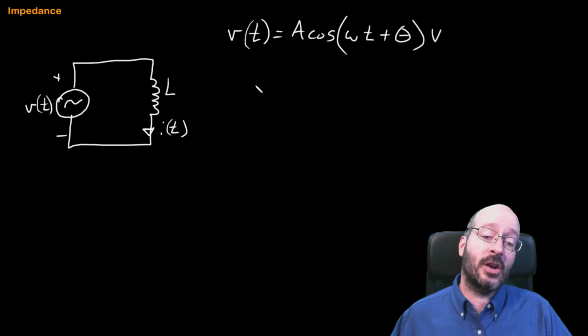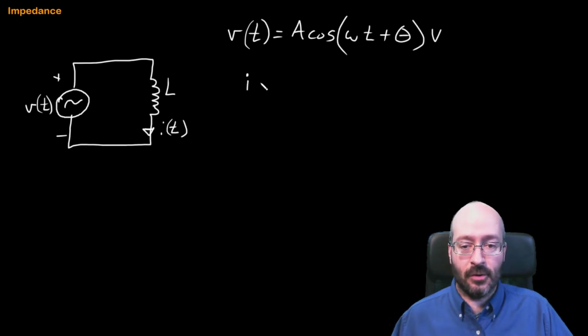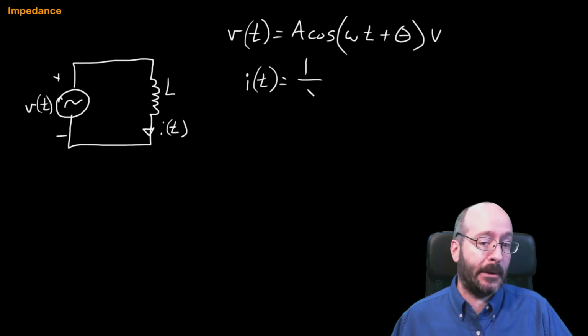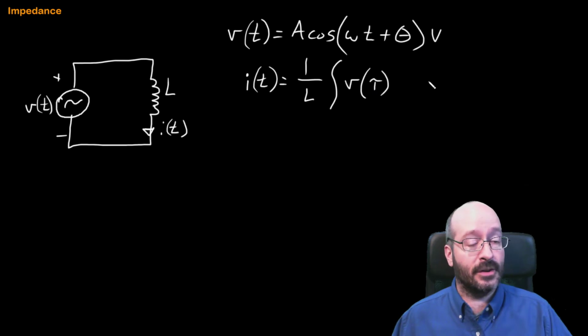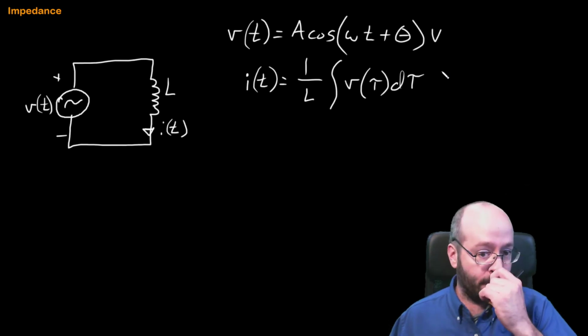Now if we want to find the current through an inductor, we have to use the integral form. Okay, and that's what makes this one a little different. 1 over L. Okay, and we're going to take the integral of V, being careful with our variables of integration, t and d tau. We're going to use tau.